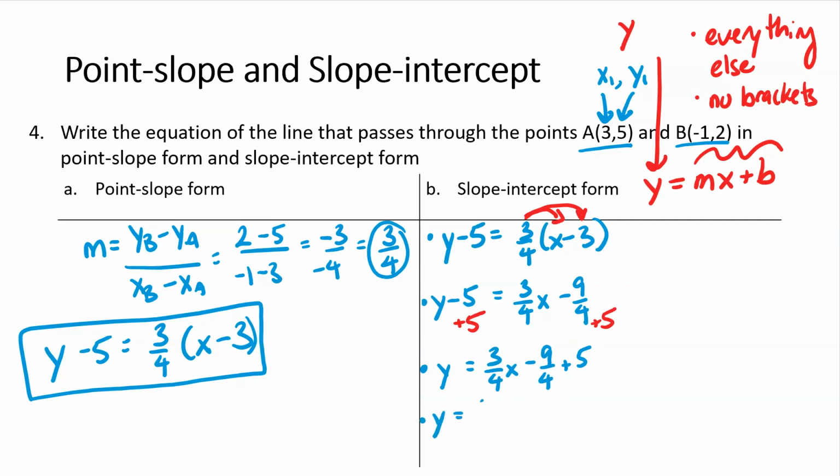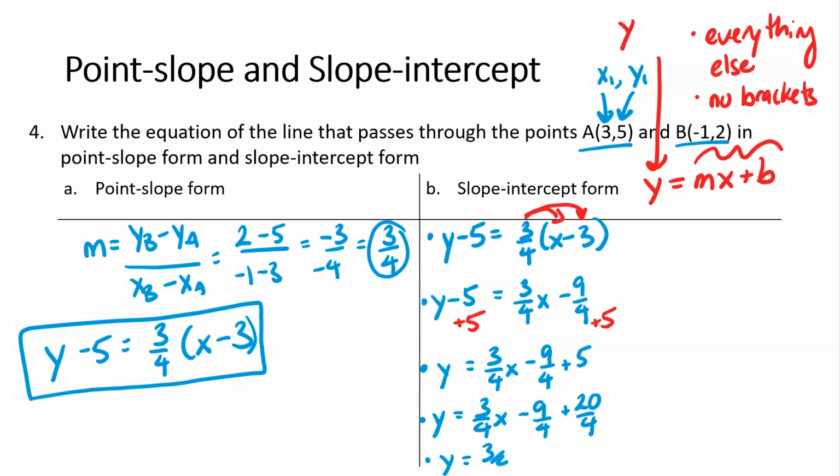So y equals 3 over 4x, and negative 9 over 4 and 5 need to have the same denominator. So this is negative 9 over 4, the 5 becomes 20 over 4, and then finally you'll have y equals 3 over 4x plus 11 over 4. And that would be slope-intercept form. You have the slope times x plus the y-intercept. Y on one side, everything else on the other side, no brackets.